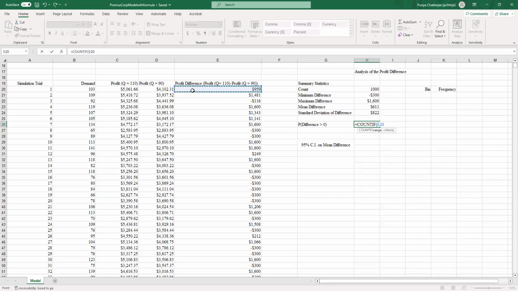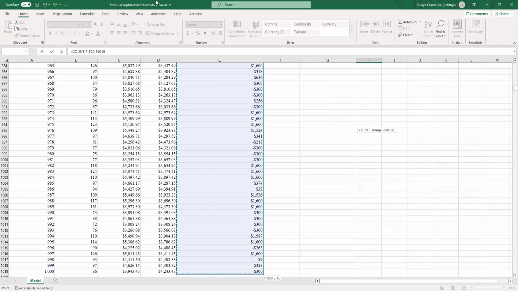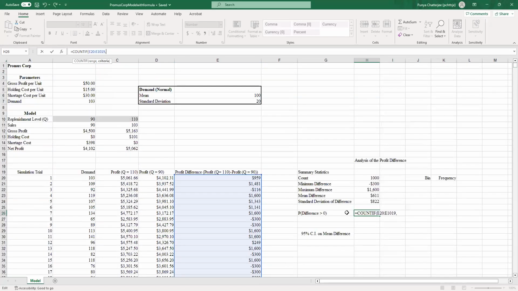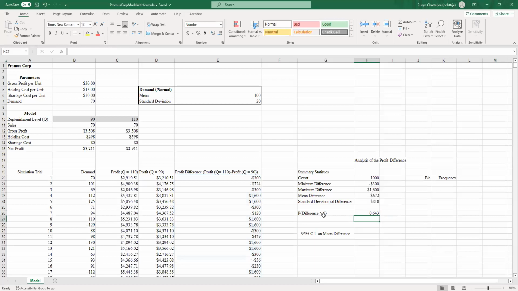You're going to select the whole column, and then to write your criteria, you're going to use a quotation. And because you're calculating the difference greater than 0, your criteria is going to be greater than 0. End your quotation and your parentheses, and then you're going to divide that by 1000 just because you did 1000 simulations. If you do 100 simulations, you would divide it by 100. Depending on how many simulations you do, this number is going to change. All right. So that's the probability right there.